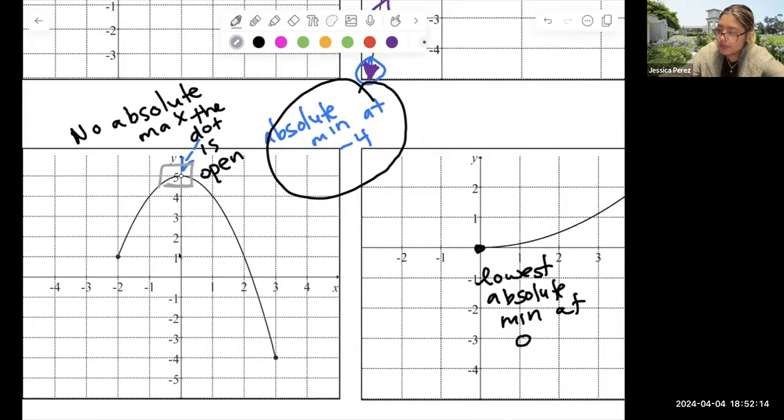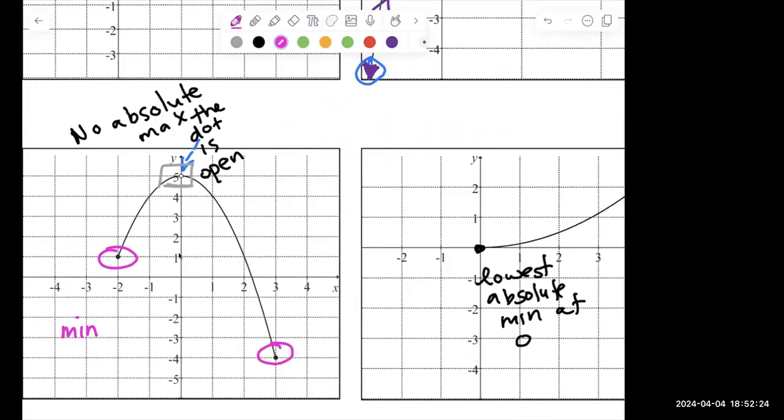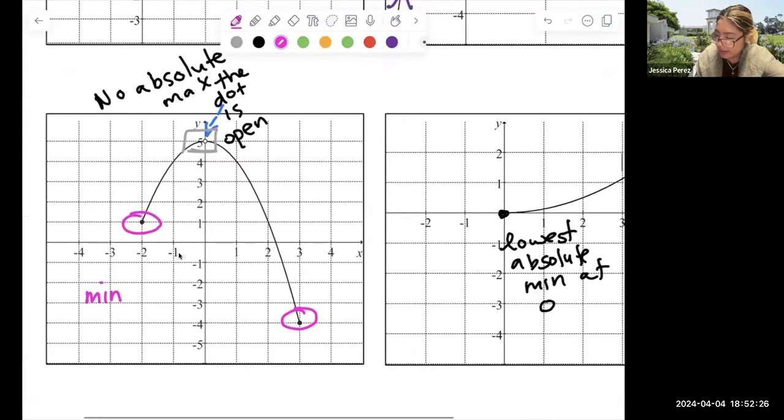But what about the absolute minimum? Is it this one or this one? The one on the right. Yep. The minimum value is at Y being -4, and this one is included. The top one would be a local minimum. But there's no max because this is an open dot, so you need to be very careful.